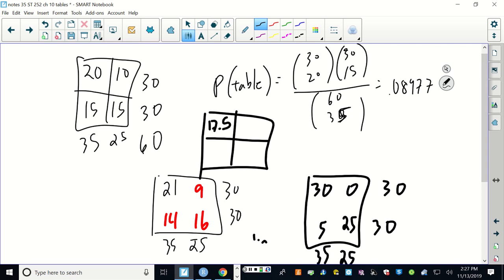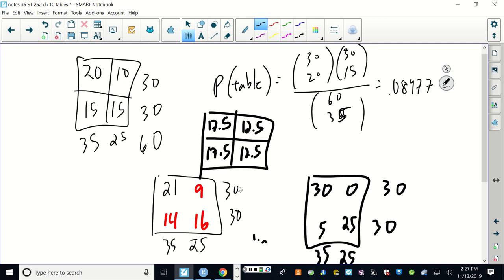So we'd expect 17.5 and then 12.5, and then this has to add up to 25, so we'd expect 12.5. And this one's 17.5 again. So this is our observed, and this is what we'd expect under independence. It's not too terribly discrepant. We would not reject it.